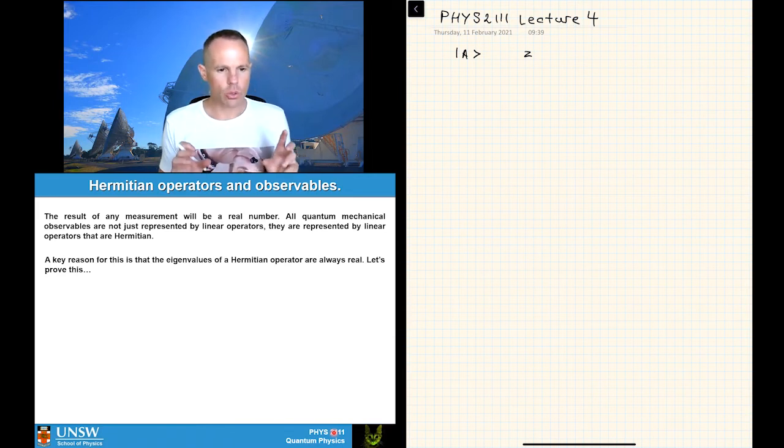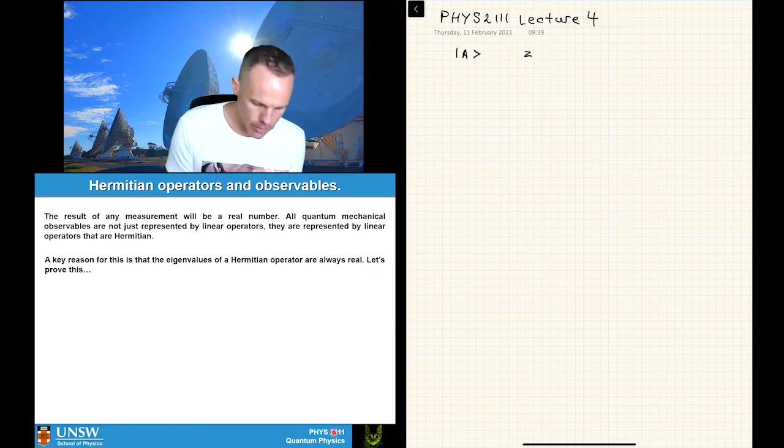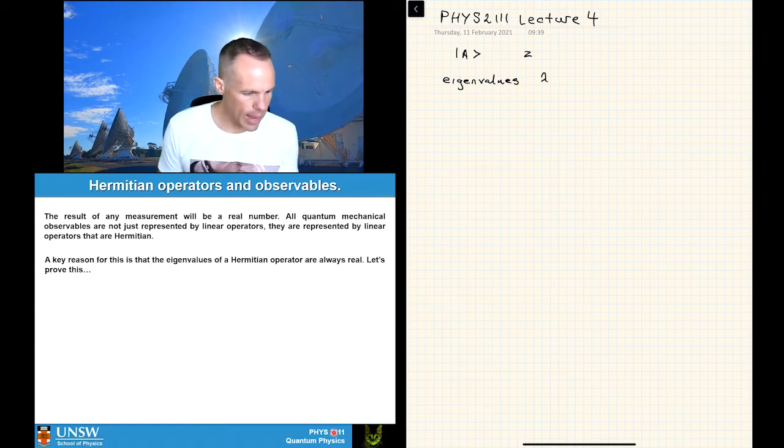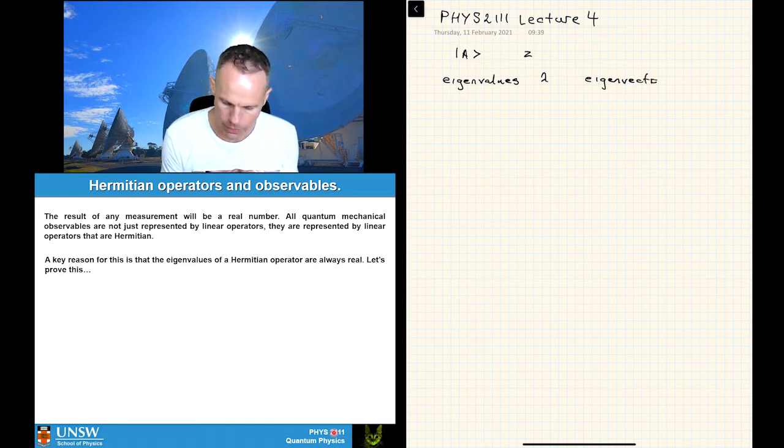One thing we do with our notation quite commonly is, if we're specifically talking about eigenvalues and eigenvectors, we usually call the eigenvalues lambda, and we call the eigenvectors lambda as well.